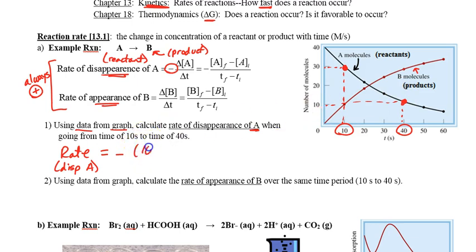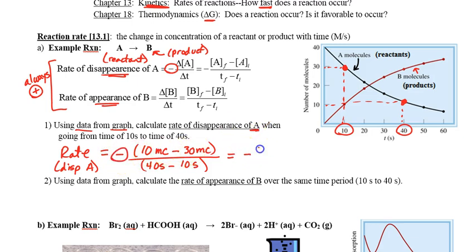So we're going to have 10 molecules, right? It could be in molarity, minus the initial was 30 molecules there, divided by the change in time, 40 seconds minus 10 seconds, right?